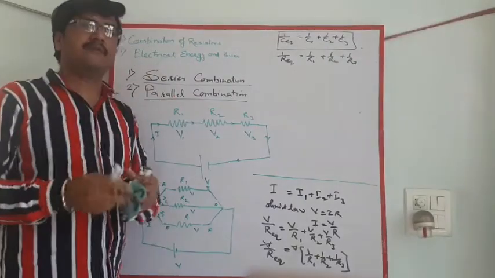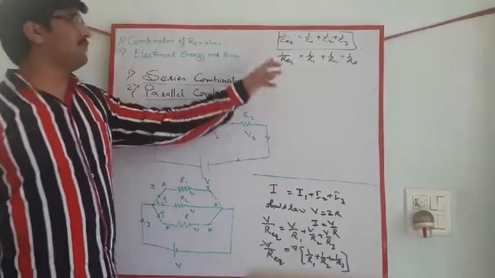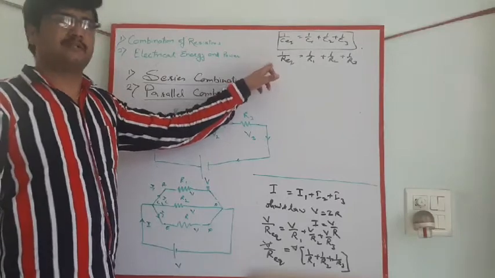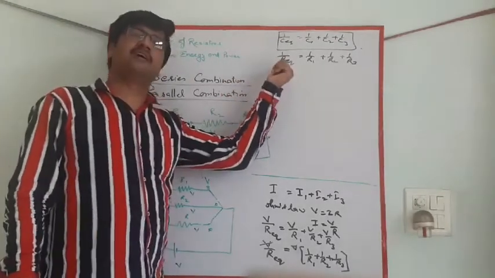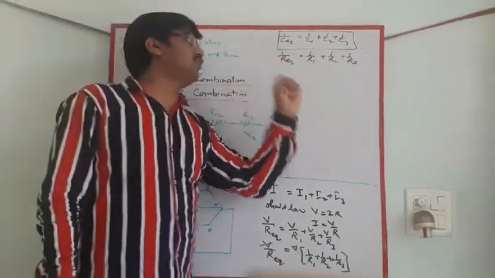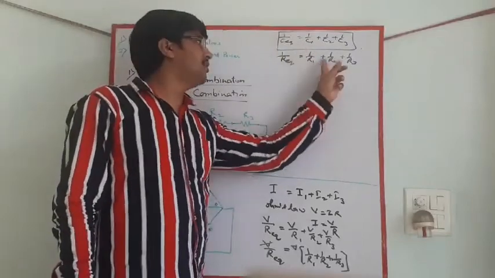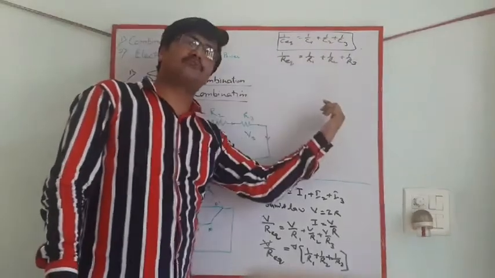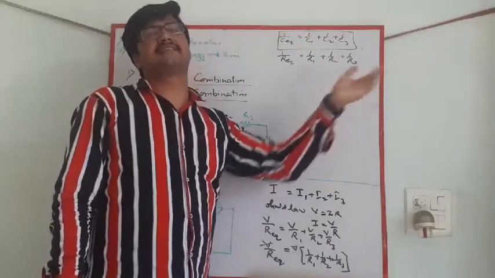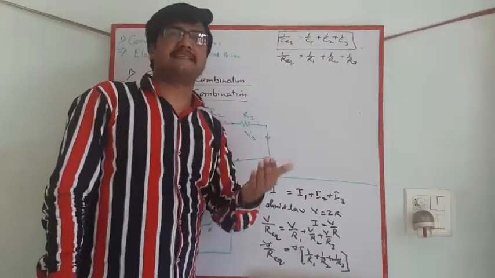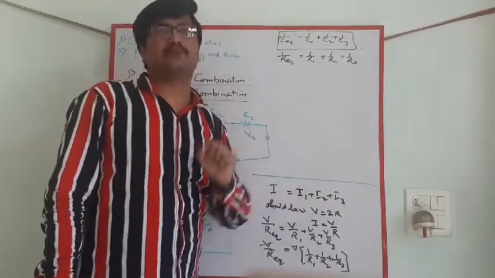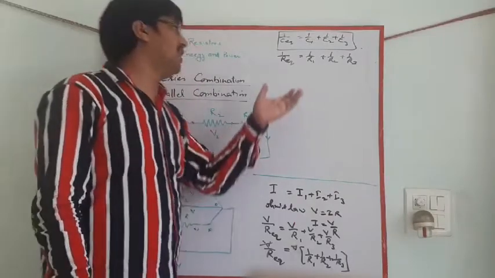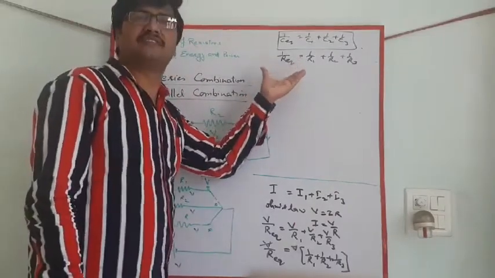What we have observed is that the reciprocal of the equivalent resistance is equal to the sum of the reciprocals of individual resistances. जितनी भी रेजिस्टेंस है उनके रेसिप्रोकल का सम जो है that is equal to the reciprocal of the equivalent resistance.